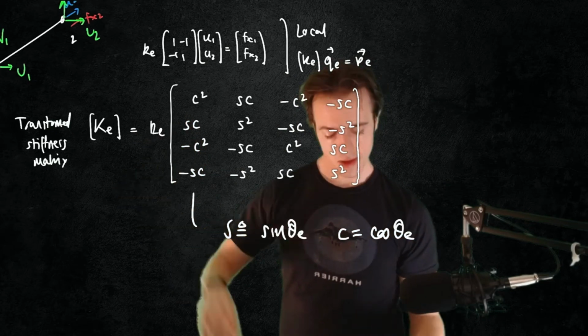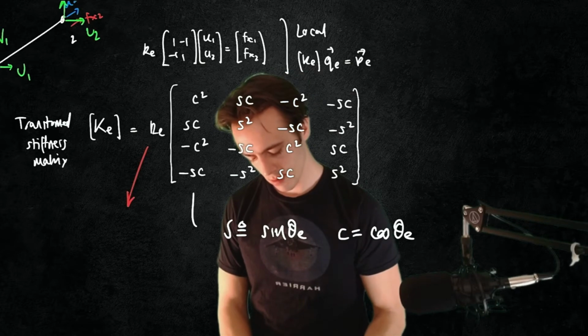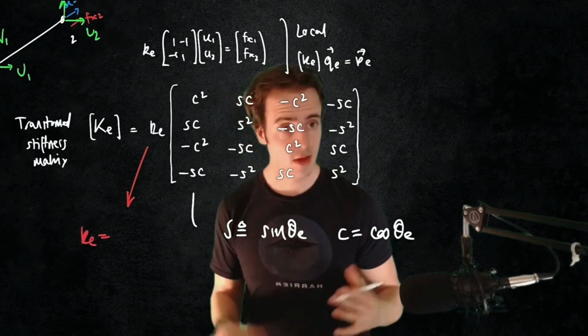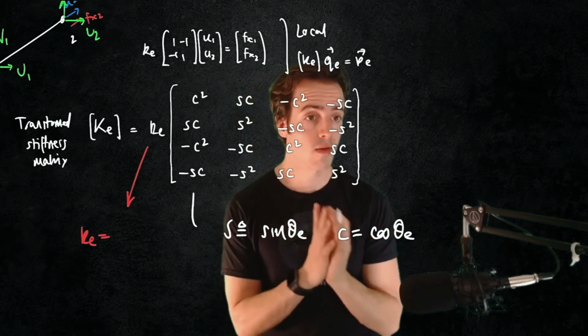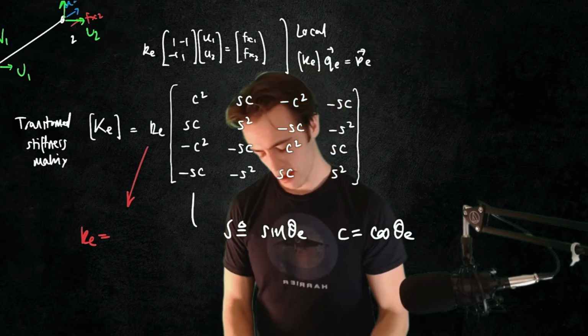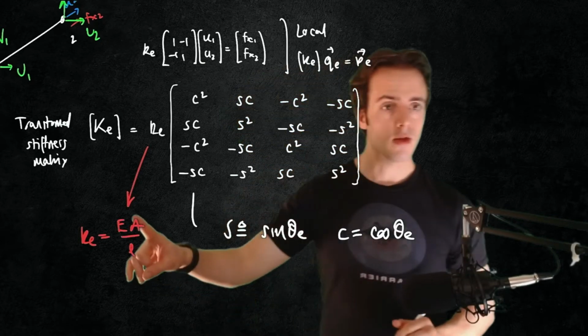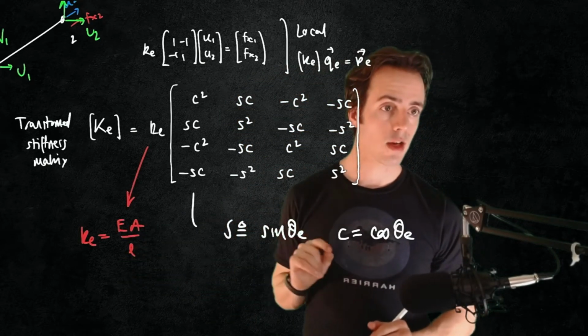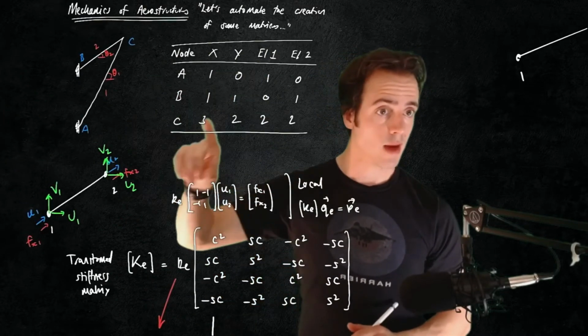We can also determine the KE, because KE is just this local stiffness. It's just a scalar. It's got values of newtons per meter. So this is EA on L. So if we know the Young's modulus and the cross-section area of the members, the length is actually determinable from this information here as well.